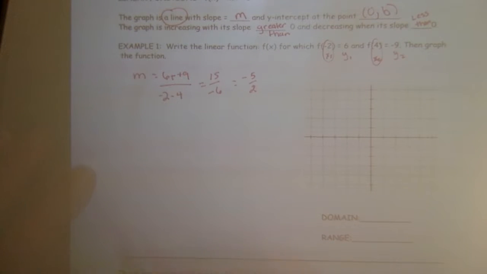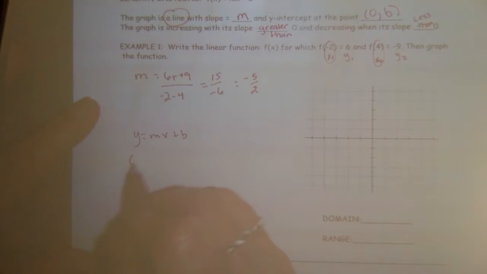And now y equals mx plus b. Pick one of the points. I'm going to pick the first one. y is 6, slope is negative 5 over 2, x is negative 2 over 1, plus b.